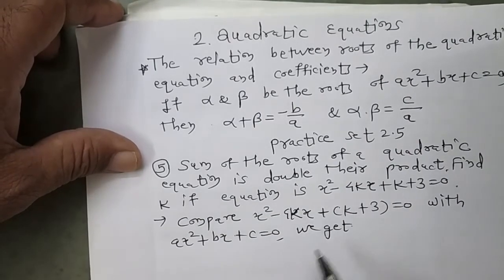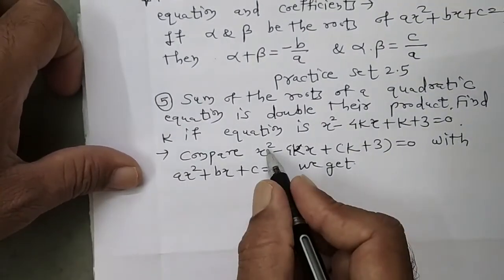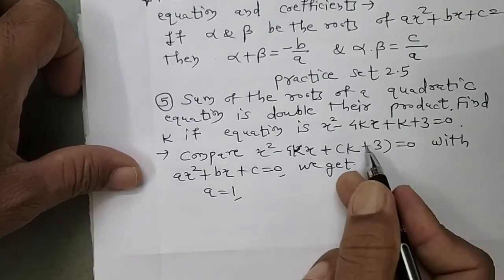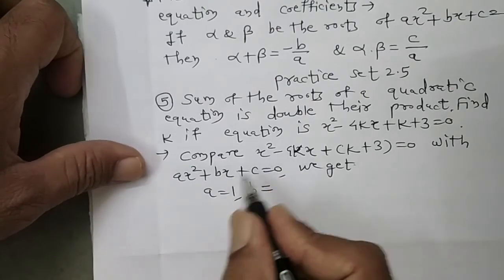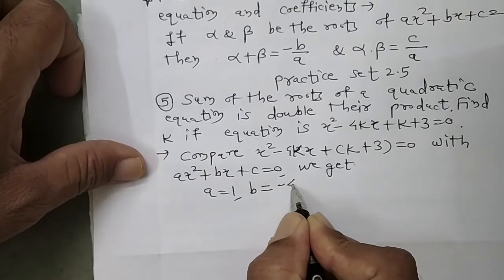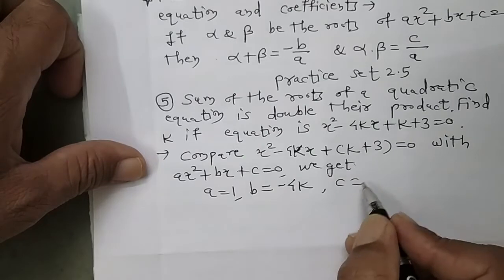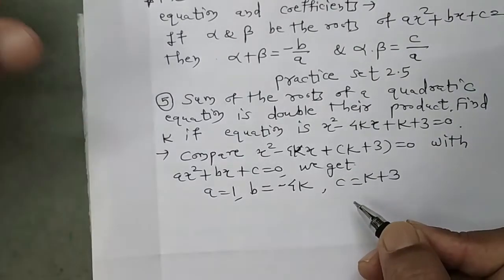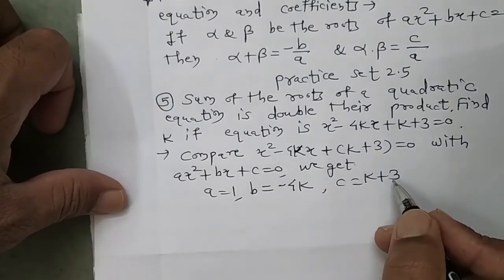We get, comparing coefficients of x square, a is equal to 1. Coefficient of x, that is b, is equal to minus 4k, and c is equal to the constant term, that is k plus 3. This is the first step, find the values of a, b, c.